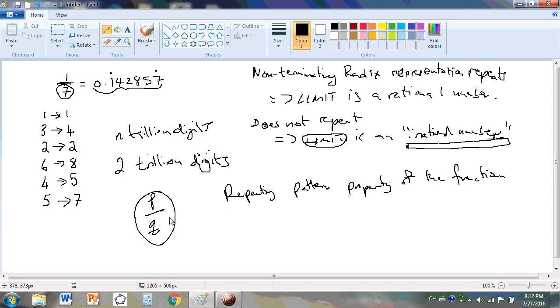So there's really nothing fantastic about this approach here, and it doesn't actually tell you for sure what is an irrational number, except that all you know is that it does not repeat. Well, so what? If I gave you n trillion digits, you wouldn't be able to tell me if it repeats or not. By getting to the end of these n trillion digits, if you didn't find a pattern, you couldn't tell me that it's irrational, because you wouldn't know unless I told you that was the end of the n trillion digits.